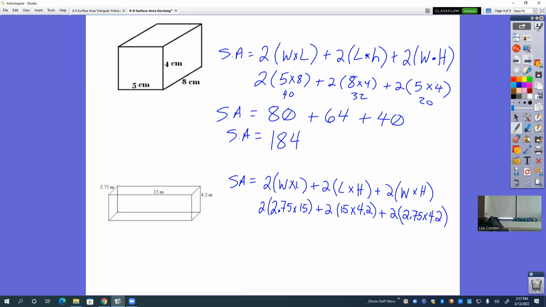2.75 times 15 is 41.25, plus 4.2 times 15 is 63.